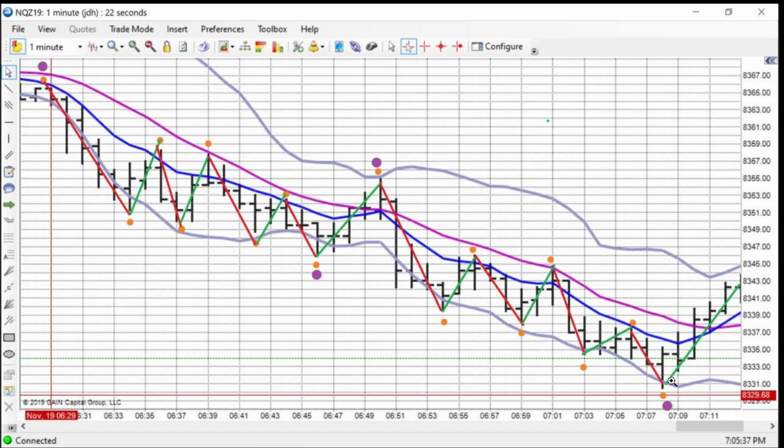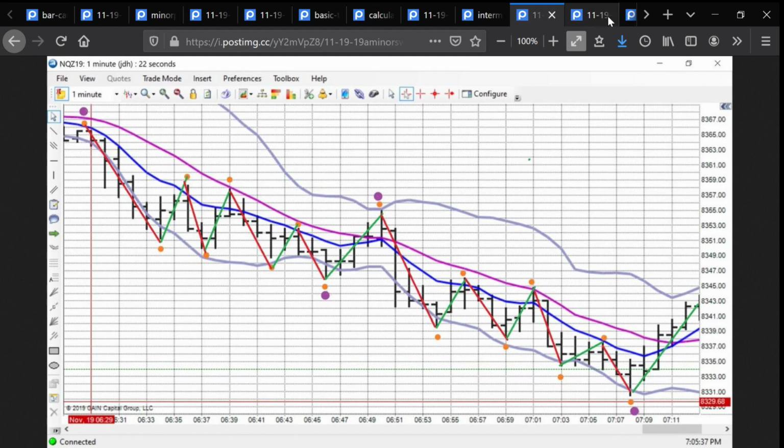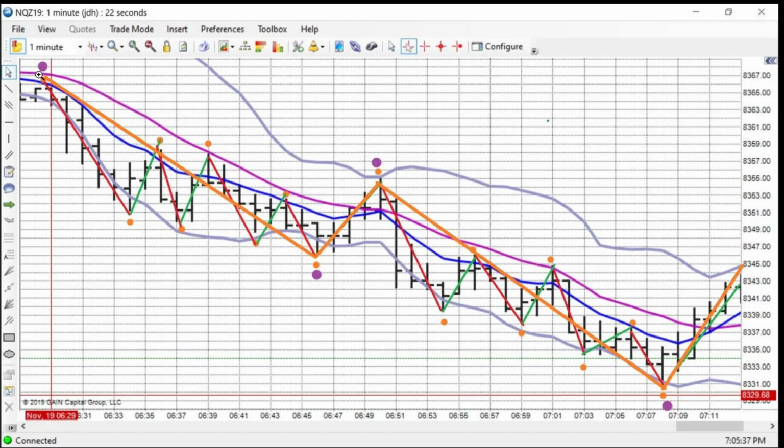Now this intermediate point on the bottom is lower than the previous minor low and the one that follows, but in either case they're valid intermediate swings, as I'll show here when I connect them. I connect it by the orange line.